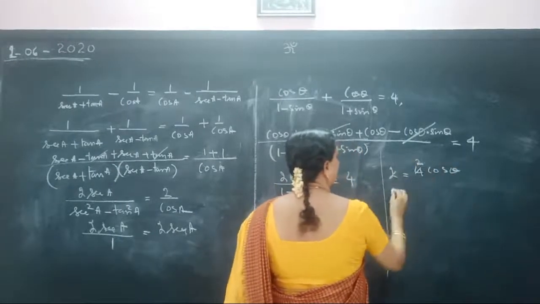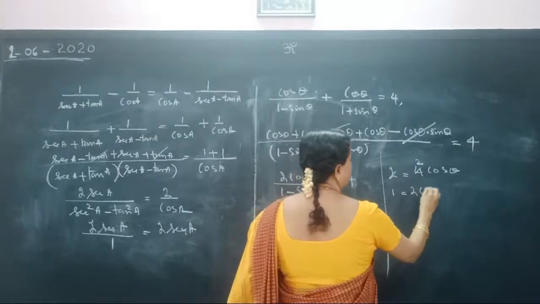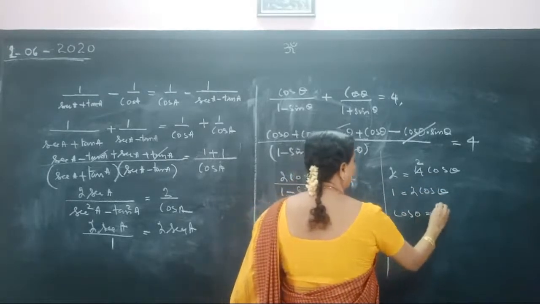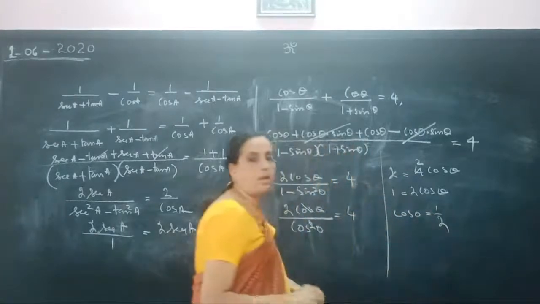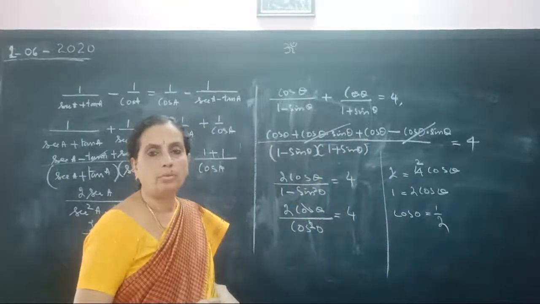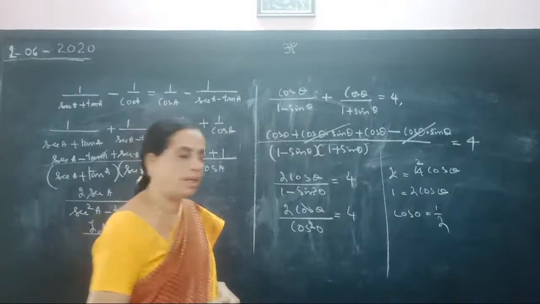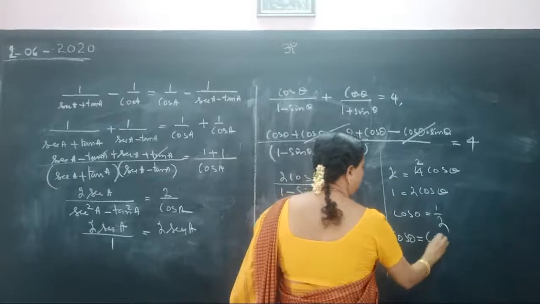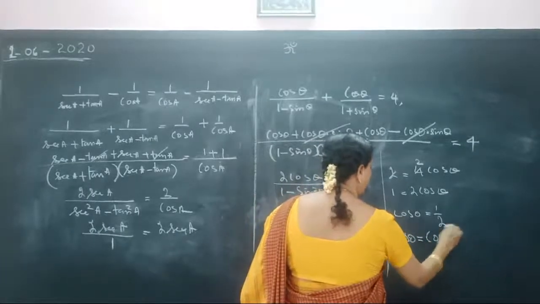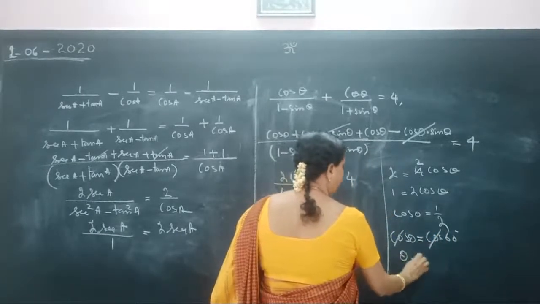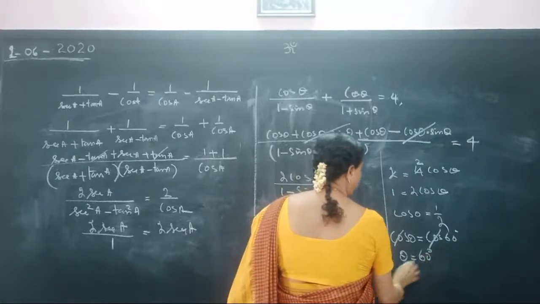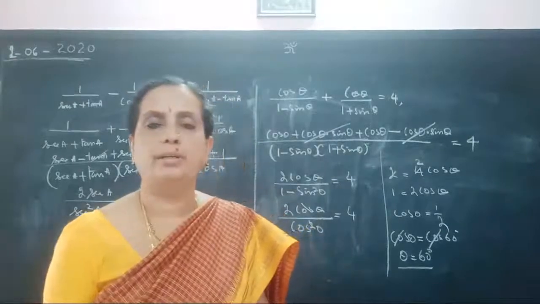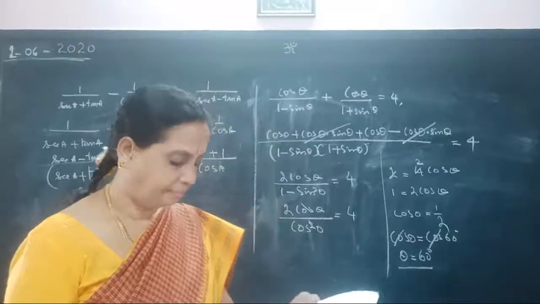Cancelling. 1 equals 2 cos theta. Cos theta equals 1 by 2. For which value of cos you have 1 by 2? We know that it is 60 degree. So we write cos theta equals cos 60 degree. Cancelling, theta equals 60 degree. This is how we can find out the value of theta. Yes, fine.